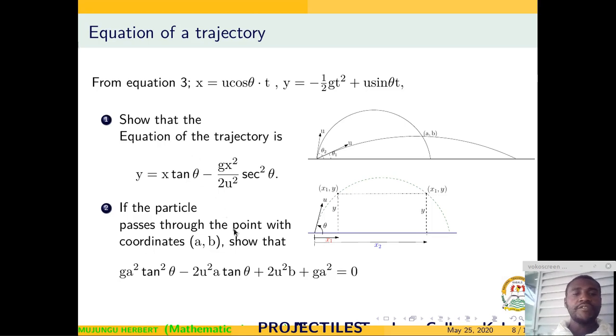So the equation of trajectory is quadratic, as you can see, in horizontal displacement, which is x squared, and also in the angle of projection, so we can have two possible values of tan theta.